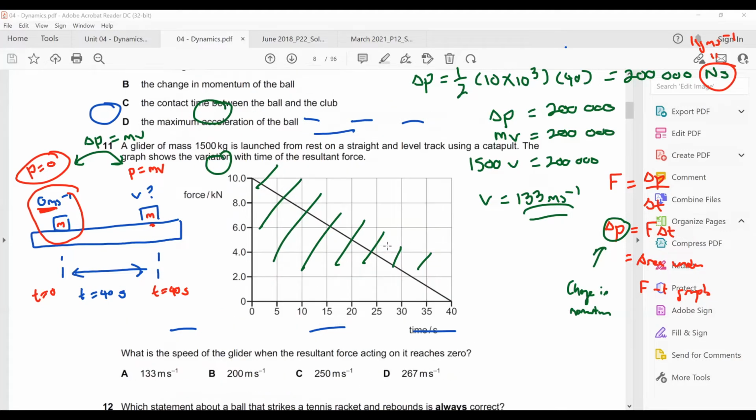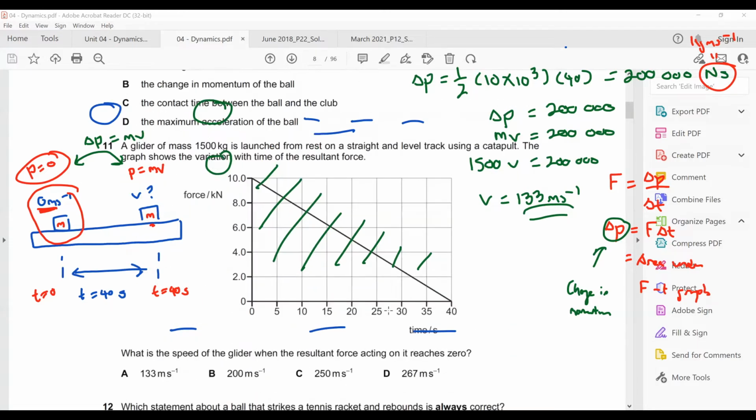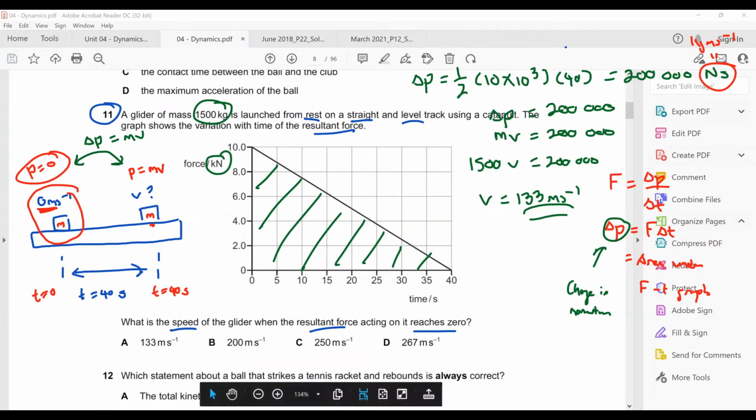Okay, so this one is question 15P11. Let me double check the answer for you first.